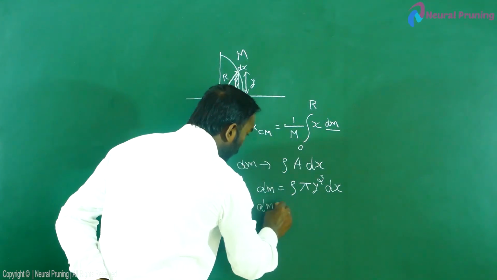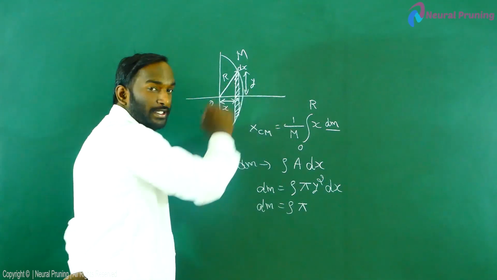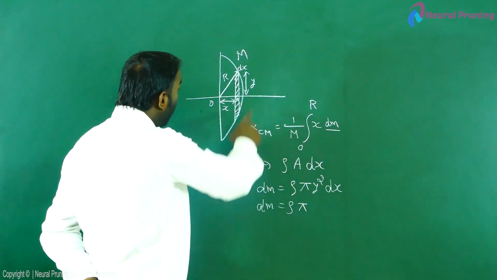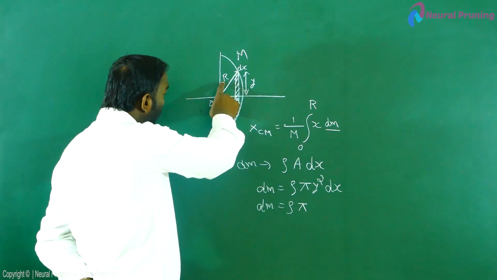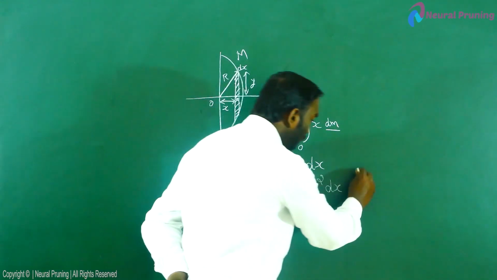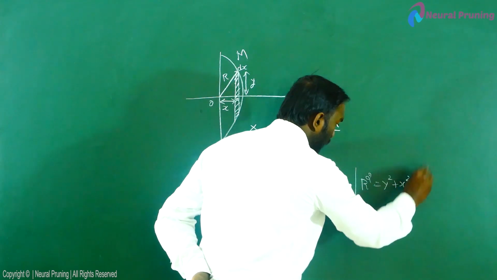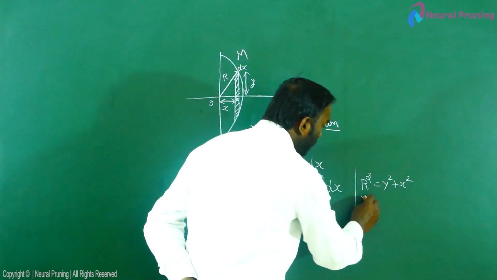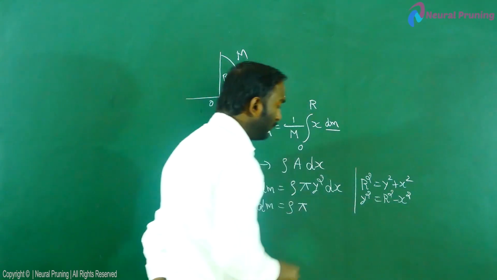dm is equal to rho pi into, what is y? y in terms of R and x. See here, R square is equal to y square plus x square. y square is equal to R square minus x square.